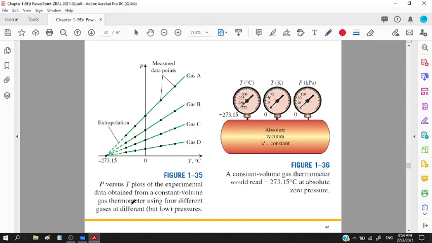This is what we do: an experiment for several gases. We try to increase the temperature and pressure, and at different pressures and different temperatures, we measure the temperature.